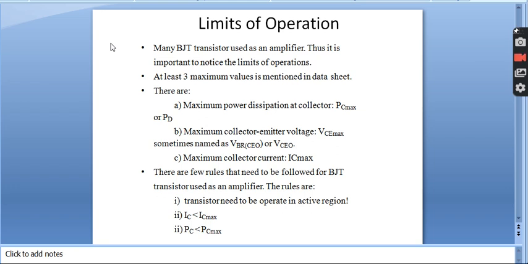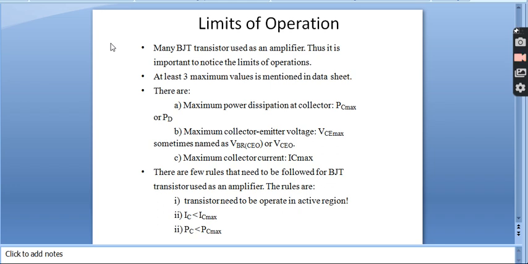Now go for the limits of operation. Many BJT transistors are used as an amplifier, thus it is important to notice the limits of operation. Mostly the amplifier circuit is constructed by the transistor, so that's why we have some limitations on the operations of transistor. At least 3 maximum values are mentioned in the data sheet.